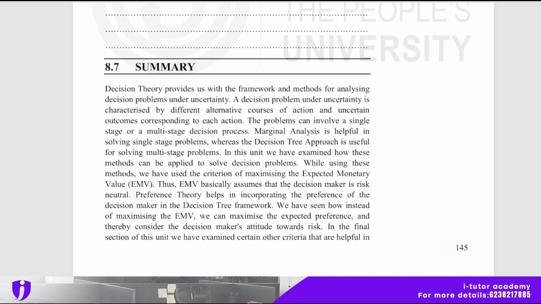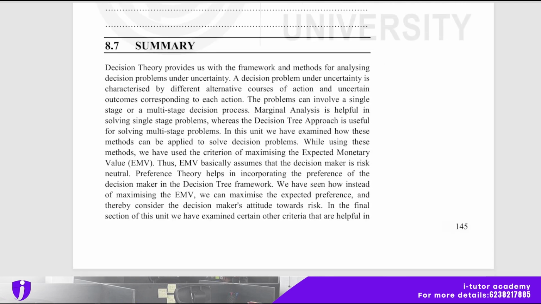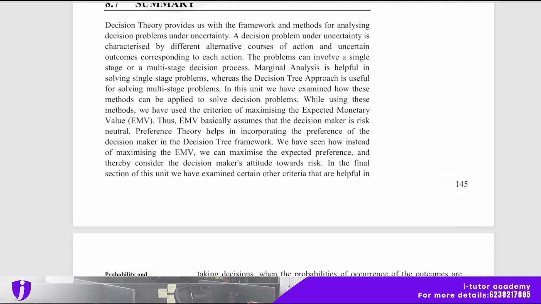We have seen how, instead of maximizing the EMV, we can maximize the expected preference and thereby consider the decision maker's attitude towards risk. In the final section of this unit, we have examined certain other criteria that are helpful in taking decisions when the probabilities of occurrence of the outcomes are not known. So we already discussed that.